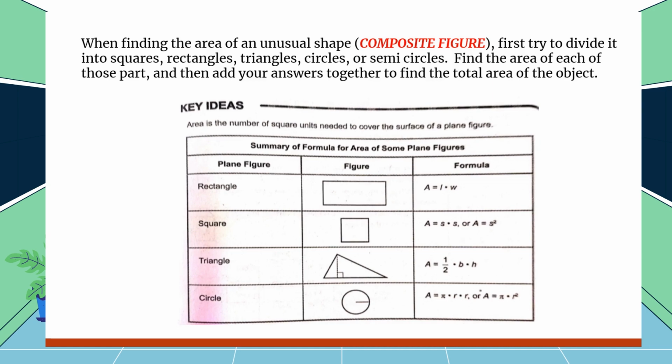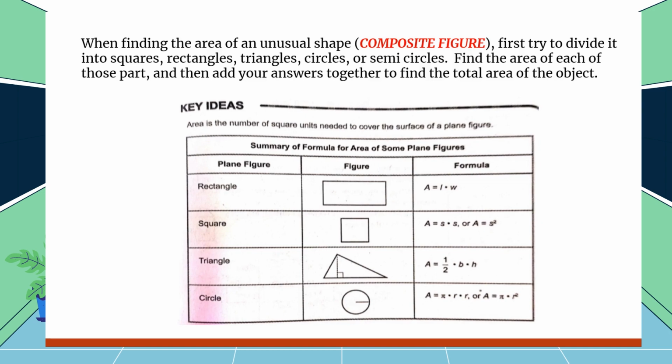Meaning to say, dahil composite figure siya, binubuo siya ng iba't ibang shapes, if possible, hahati-hatiin natin ito into different shapes. Okay? And then, find the area of each of those parts. Yun, kukunin daw natin ang bawat area nung ating paghahati-hatiin. And finally, add your answers together to find the total area of the object.